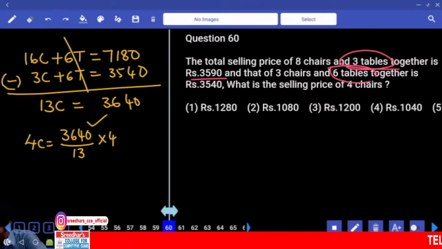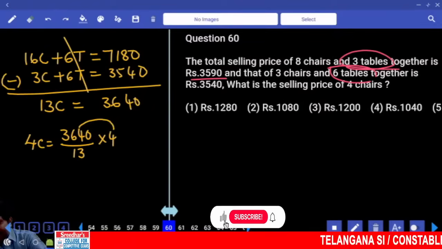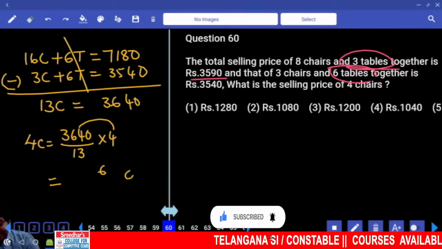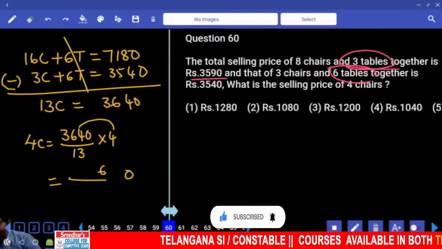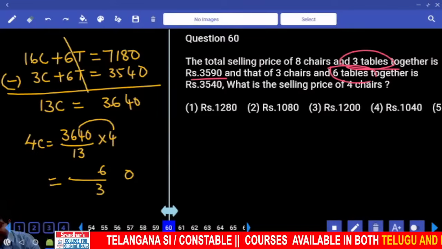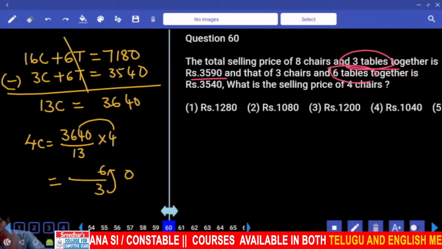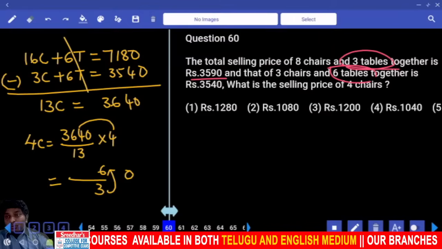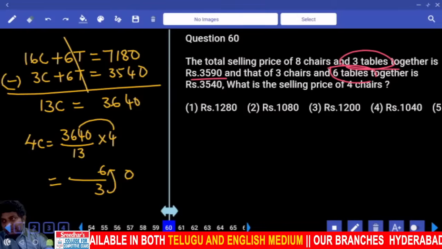Numerator ends with 4 into 4, 6. Denominator ends with 3. Into which number ends with 6? Answer should end with 2. Fifth option, final answer.